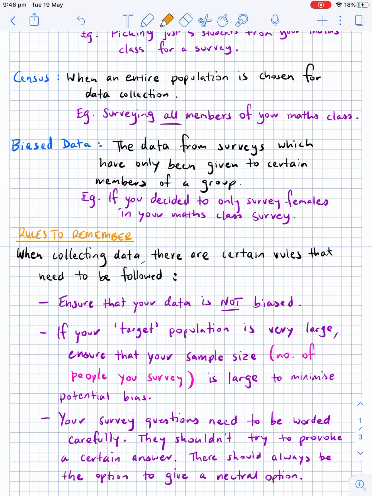When you're giving out these surveys, you've got to give them to random people in your population or in your group, because you want to get information from everybody, no matter what their gender is or what their interests are, etc. You want to make sure you're picking random people from that group. If you only decide to give the survey to certain people, you would consider that to be biased data, which is unreliable data to use.